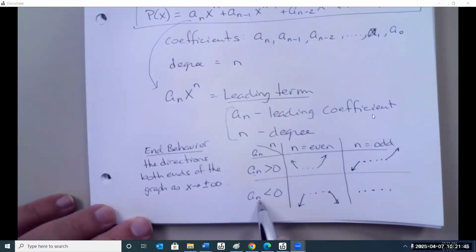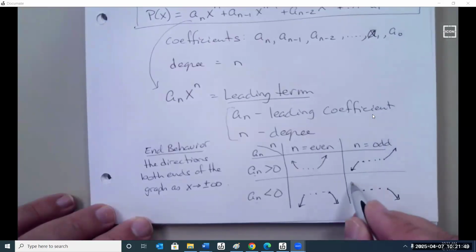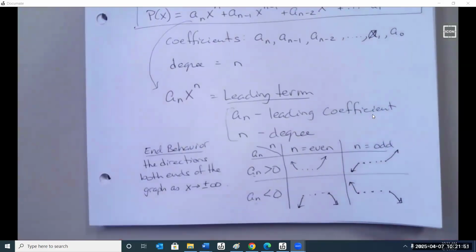Now, if a is negative and n is odd, it's a decreasing function. It goes up to the left, down to the right. Just by using this, you can tell what the basic shape of the graph is going to be.